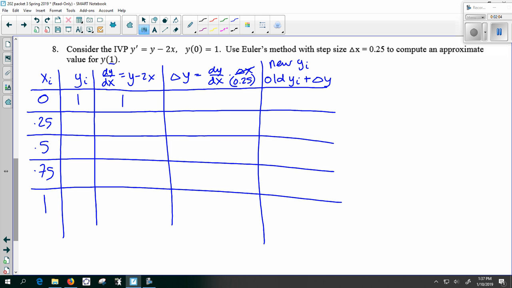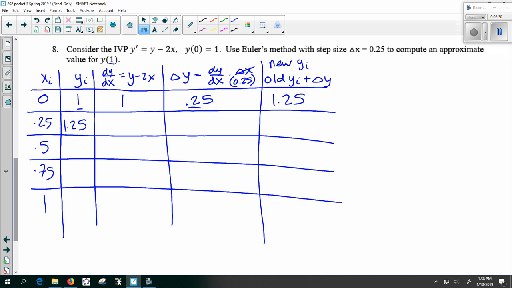My change in y is the dy/dx I just calculated times 0.25. So 1 times 0.25 is 0.25. And then my new y_i is my old y_i, which was 1, plus my change in y, 0.25. So 1.25.